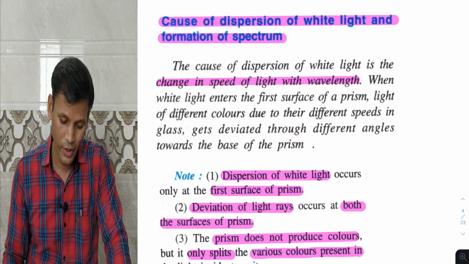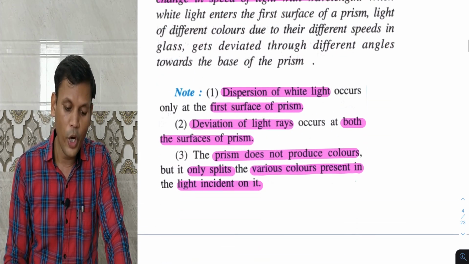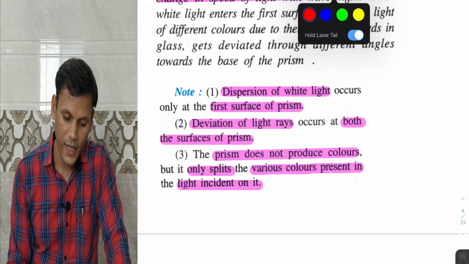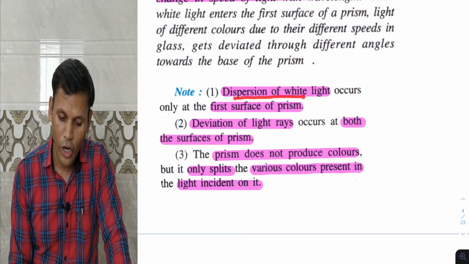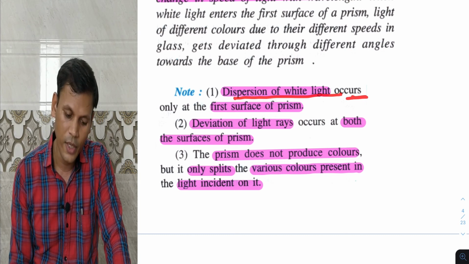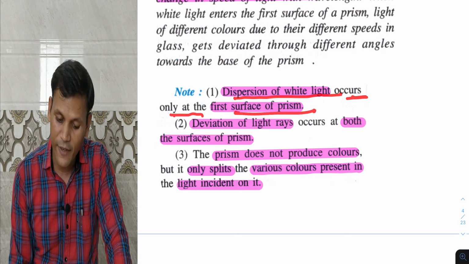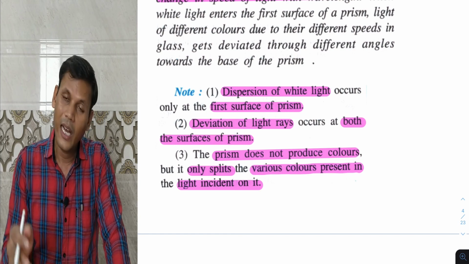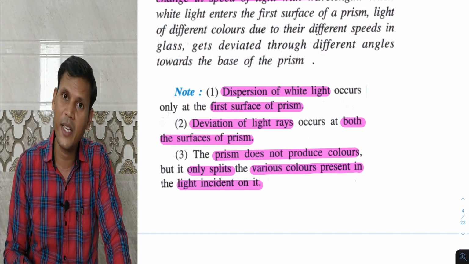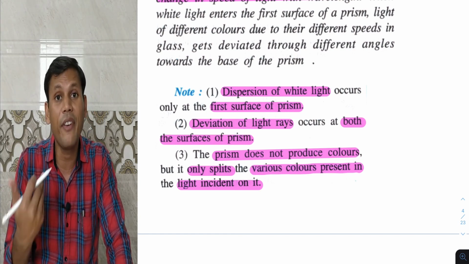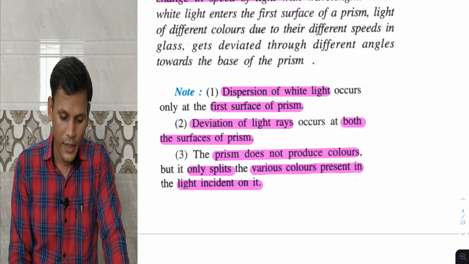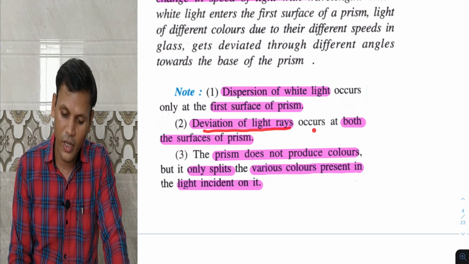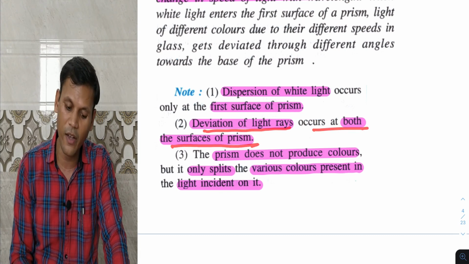Already I have mentioned. Some note points are there. First is the dispersion of white light occurs only at the first surface of the prism. Already I have written there. At first surface dispersion takes place and at the second surface, what happens? Deviation takes place. Deviation of light rays occurs at both the surfaces of the prism.